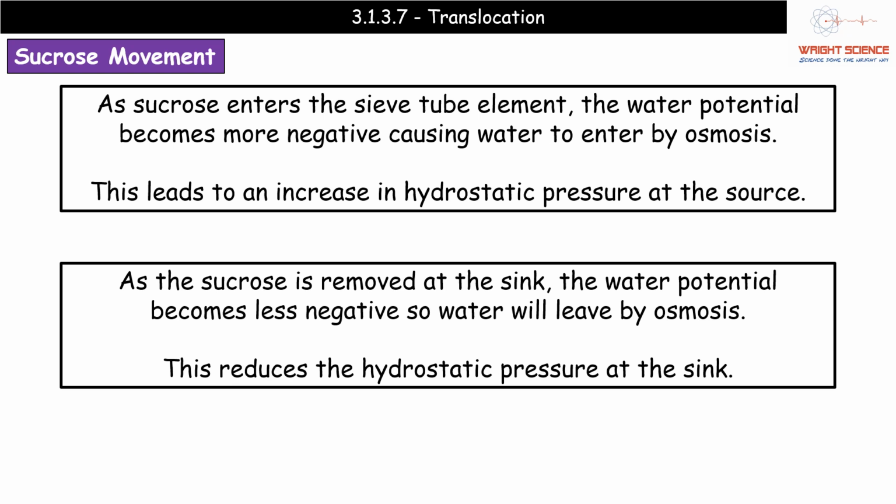It's therefore going to reduce the hydrostatic pressure at the sink. So this is how we've created that hydrostatic pressure gradient, because as the sucrose moves in or out, it changes the water potential. Therefore, water will either enter or leave by osmosis, and that creates the pressure gradient overall.